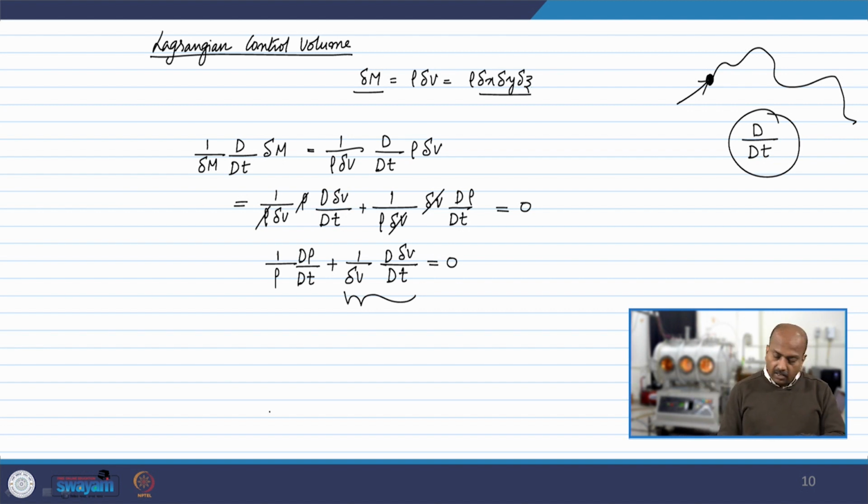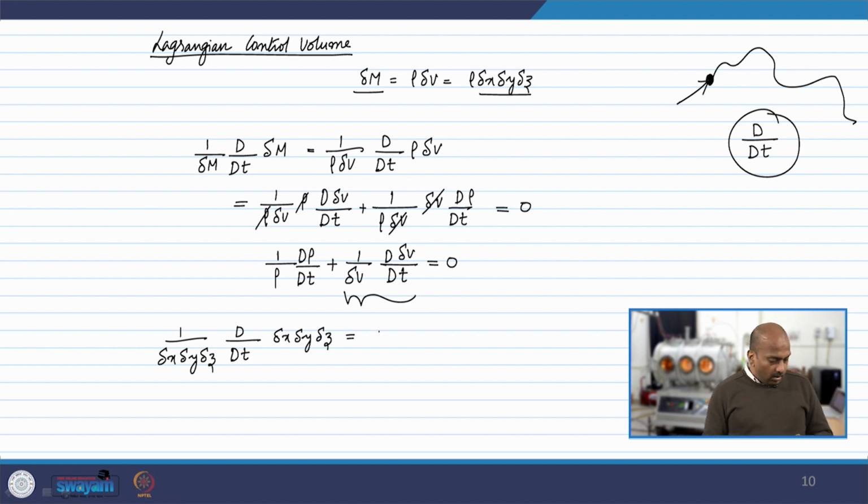We will expand it again. So, 1 by delta x, delta y, delta z times d by dt of delta x, delta y, delta z is equal to 1 by delta x, d by dt of delta x. What happened to delta y and delta z?